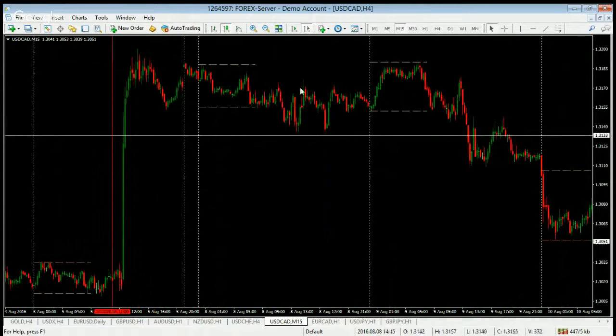And these lines here delineate the Asian session. The Asian session is typically a consolidation type of market, the quiet market. So I use that.